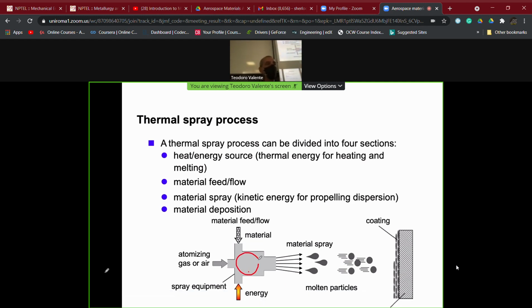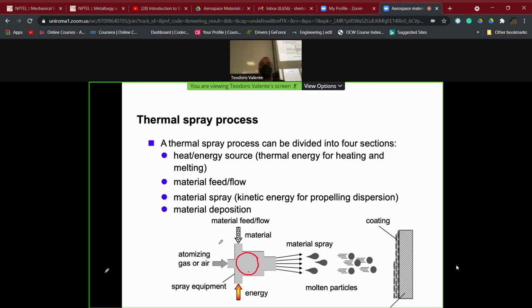So it's a confined area in which we generate heat or energy. Then inside this confined area in which we establish heat, we have a material feed. Usually, not exclusively, this material feed is in the form of powder.